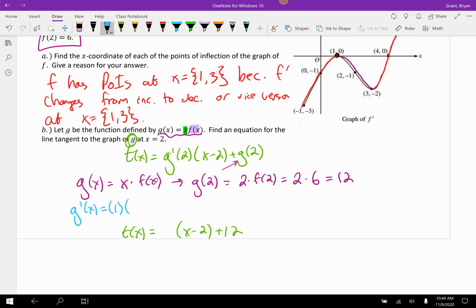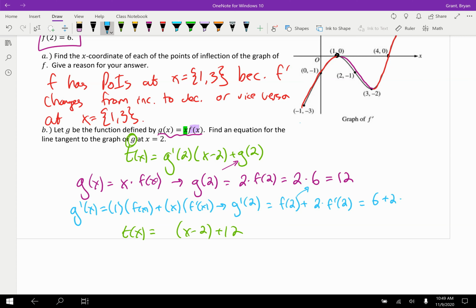Keep f of x the same, plus x the same, and then f prime of x. So g prime of 2 becomes f of 2 plus 2 times f prime of 2.